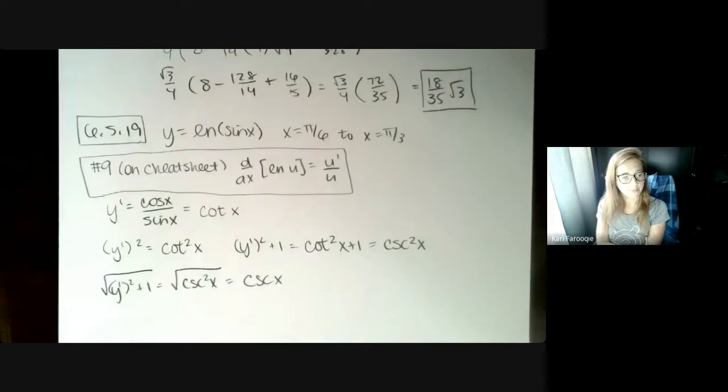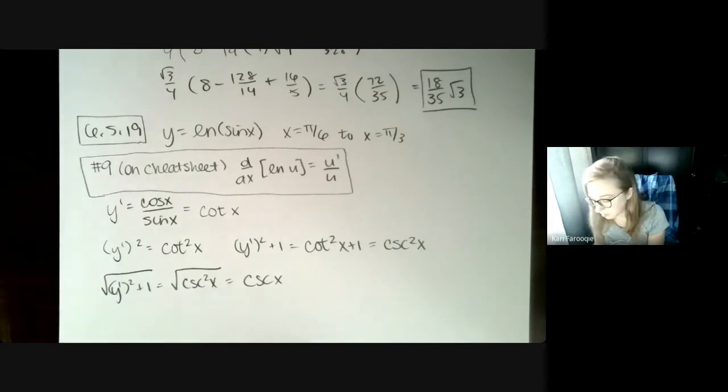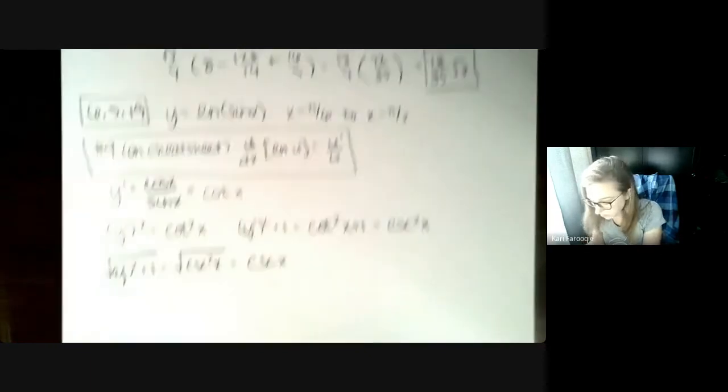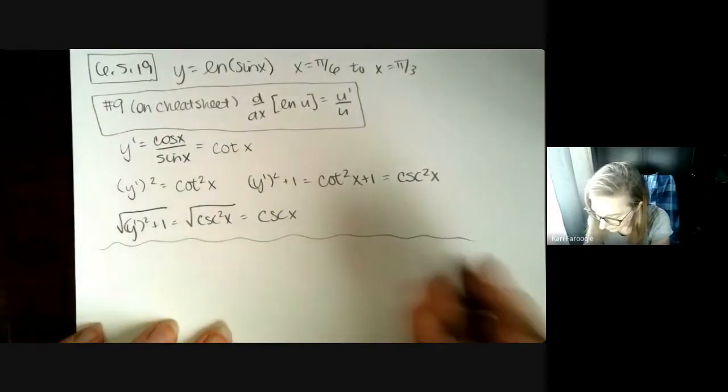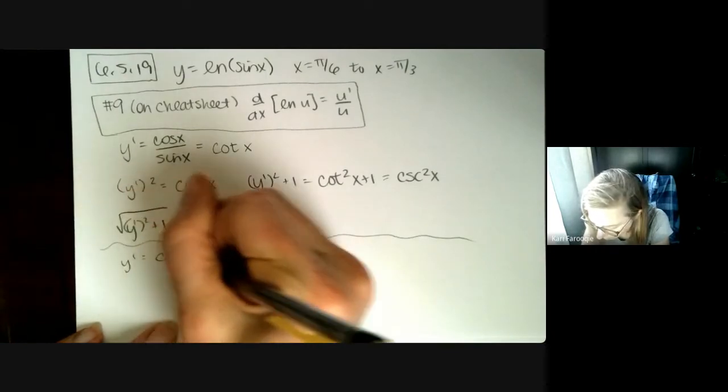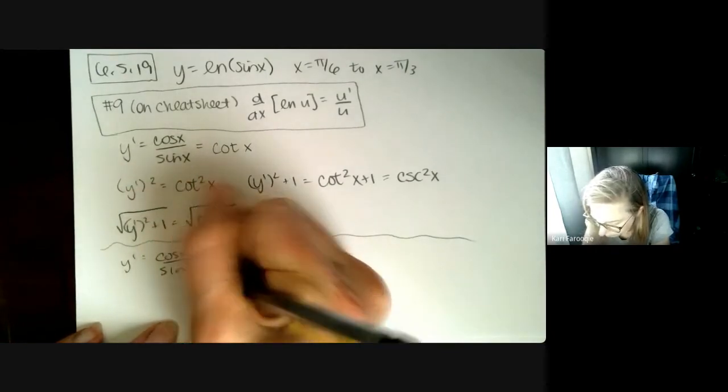All right. Let's go ahead and set this up into an integral, and then if we need to backtrack and put this back into sines and cosines, fine. But I think you're going to end up in the same boat regardless. If you're not sure why, think about what would have happened if we had set this up with sines and cosines. Y prime is cosine x over sine x.